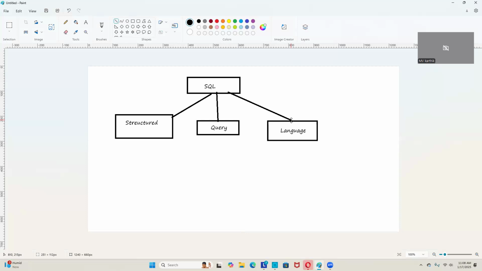Now let's come to when it started and where it started. SQL follows the ANSI standard. What is ANSI? ANSI is the American National Standards Institute. The format of SQL was designed in this ANSI format.